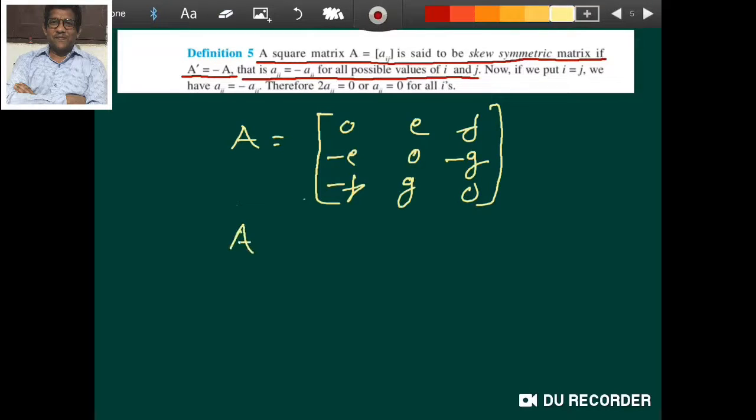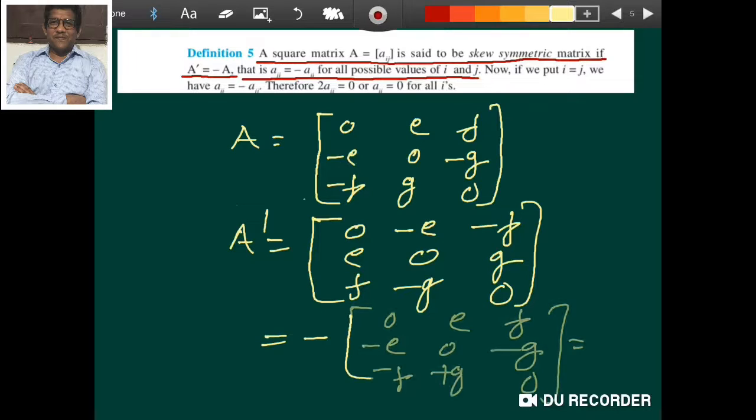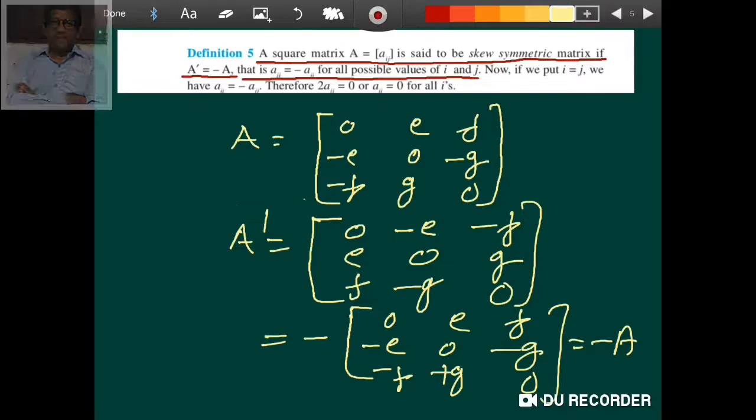If we take A dash, it is equal to minus A. So it is an example of a skew symmetric matrix.